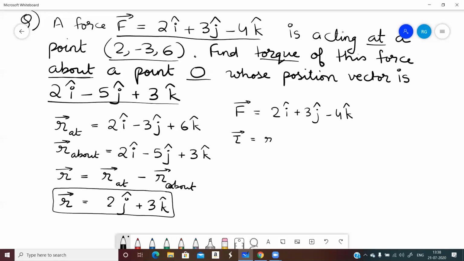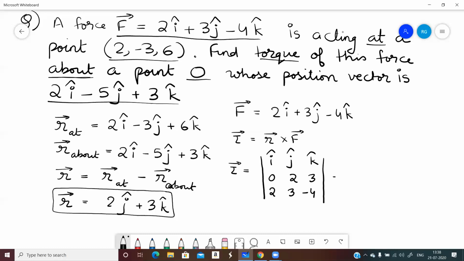It is r cross F. So I just draw the determinant notation: i cap, j cap, k cap. Then r: there is no component along the x-axis, then 2 and 3. Then for F it is 2, 3 and minus 4.